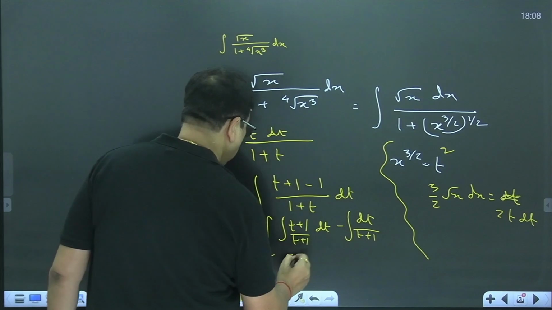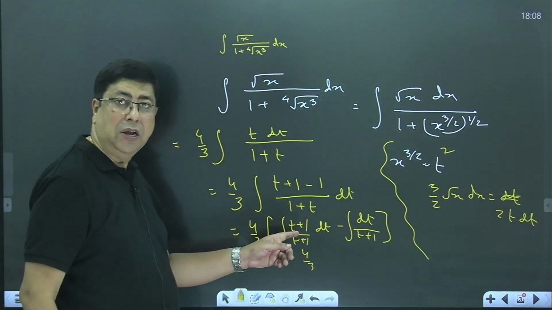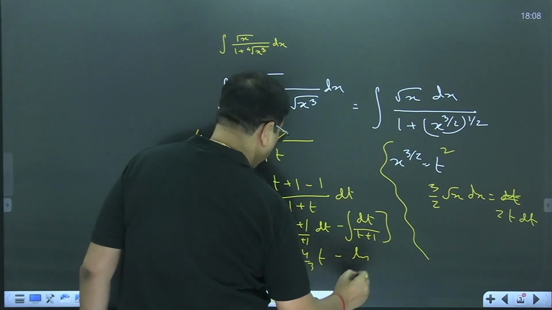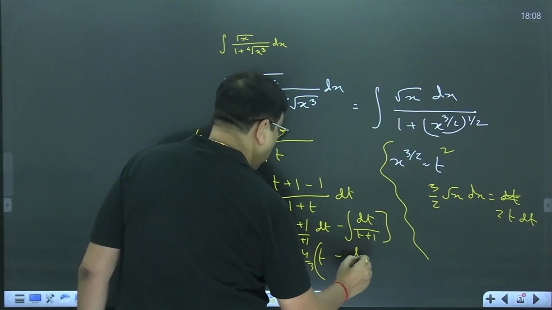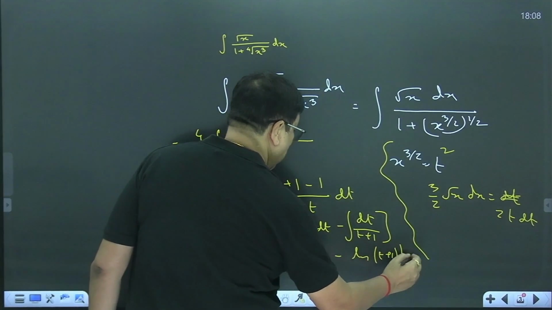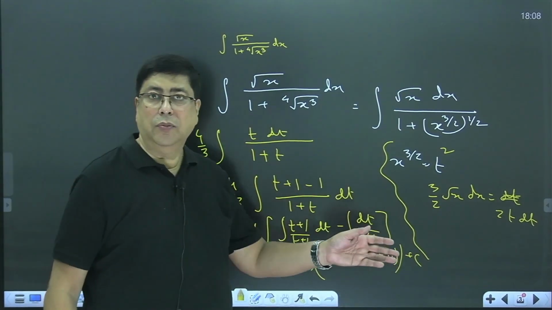So we can write 4/3 times: integration of dt is t, minus log of (t plus 1), plus c. The sum is over. Now we can just replace the value of t.